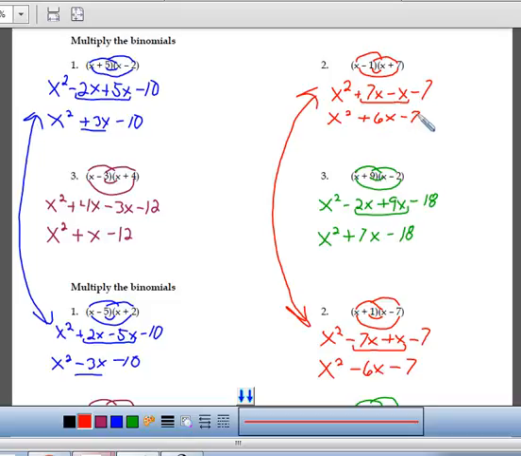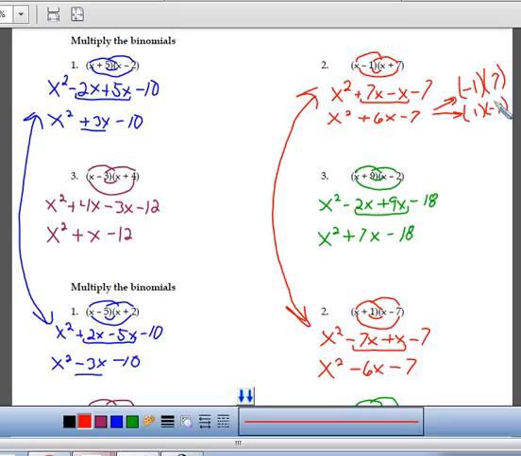Again, the last term is what tells us our factors. So since it's negative 7, our factors are negative 1 and 7, or negative 7 and positive 1. Which one do you pick? So let me just point this out. So I've got either negative 1 and positive 7, or positive 1 and negative 7.